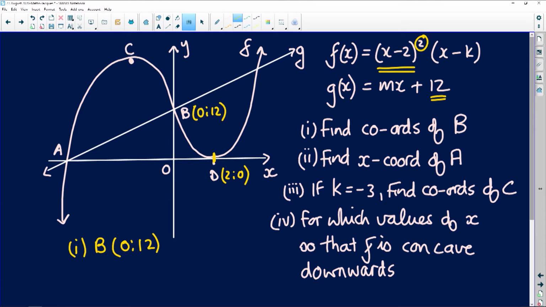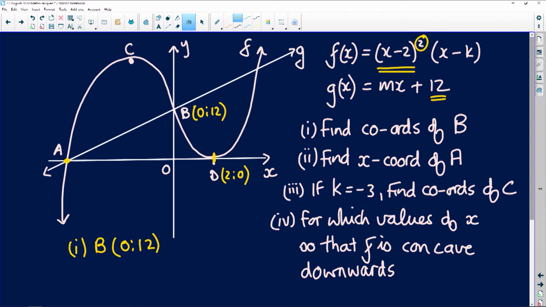Okay, now they want us to go and find the coordinates of A, this point where the cubic cuts the x-axis, the x-intercept of the cubic. Or you can think of it also as the x-intercept of the line. Now, we've got to be careful here. To find that x-intercept, we need to go to the graph where we have the most information.